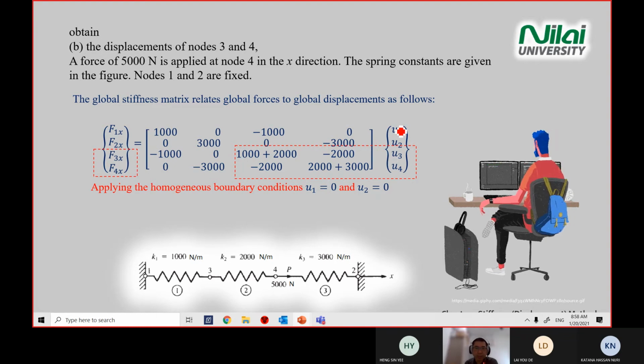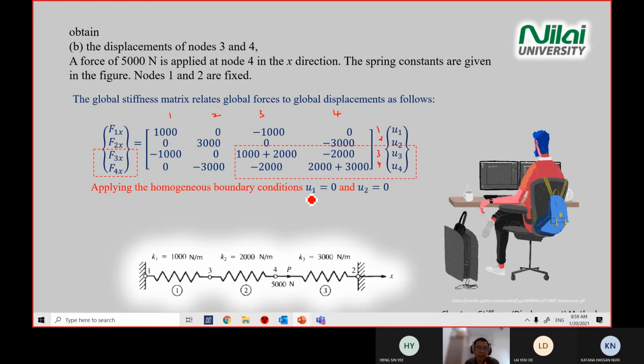When we have boundary condition U1, U2 equal 0, we focus on U3 and U4. So just now when you labeled your matrix, if you can recall, because 1 and 2 are 0, we only focus on components 3, 4 here, and forces 3, 4 here.